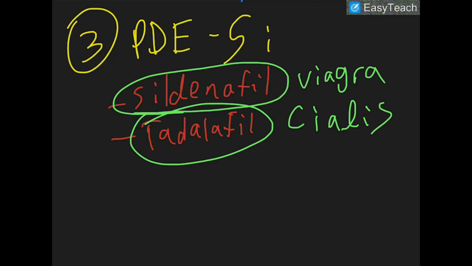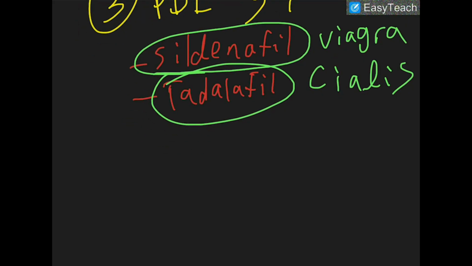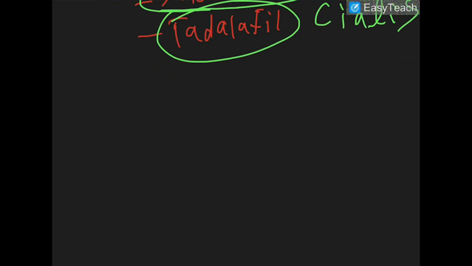The main thing to understand here, though, is why this is a contraindication. If someone is using sildenafil or tadalafil, or Viagra or Cialis, that is a contraindication because we have to first understand what PDE5 does. So remember the cyclic GMP pathway that we talked about, the guanylate cyclase pathway that always comes up in this case too.